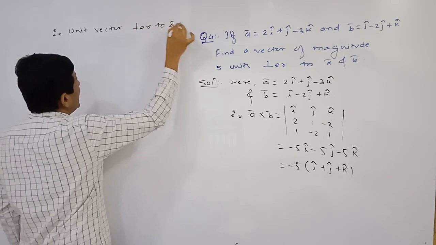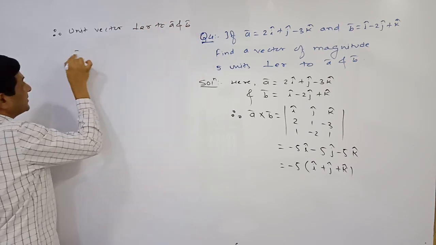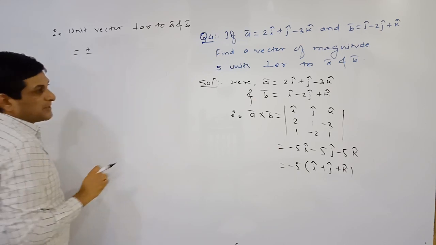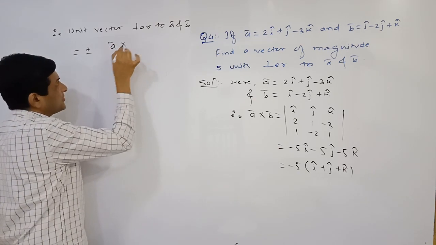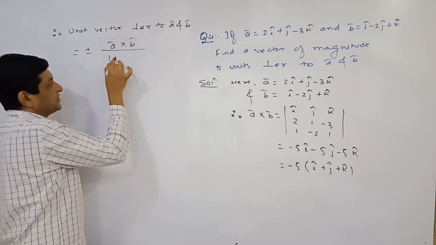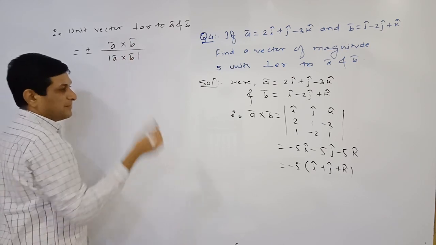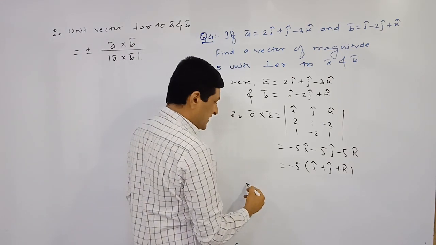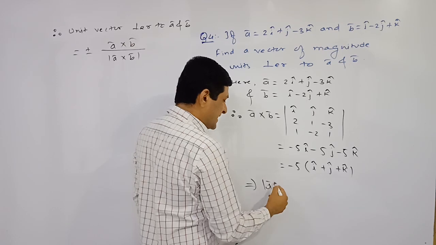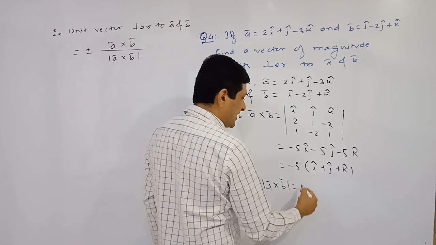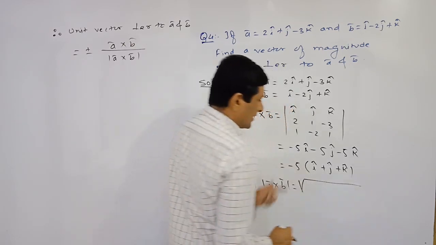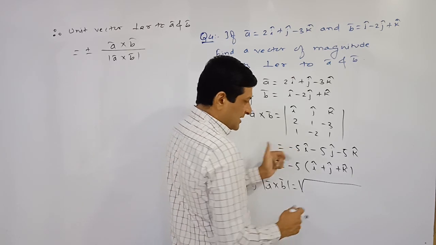perpendicular to A bar and B bar is equal to plus or minus A bar cross B bar divided by the magnitude of A bar cross B bar. Better to find the magnitude of A bar cross B bar first. So the magnitude of A bar cross B bar is equal to under root, what is the coefficient of I? That is minus 5.